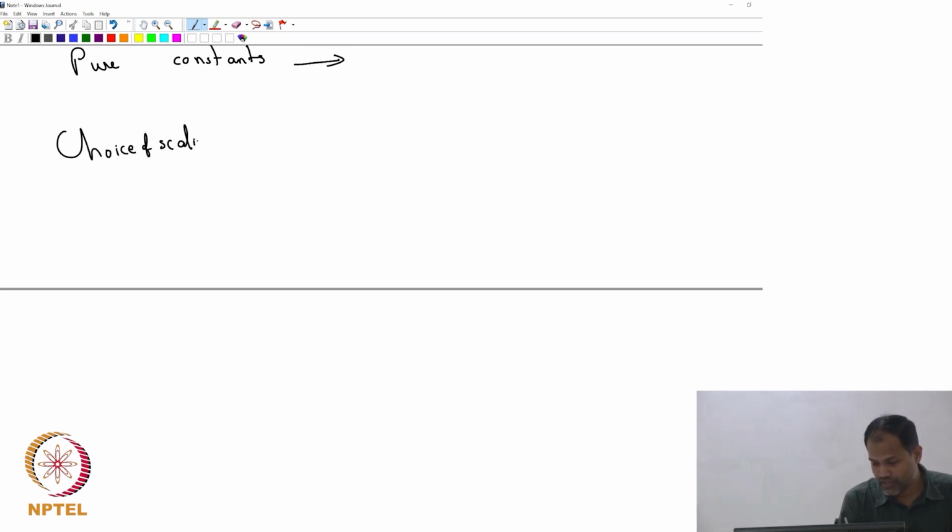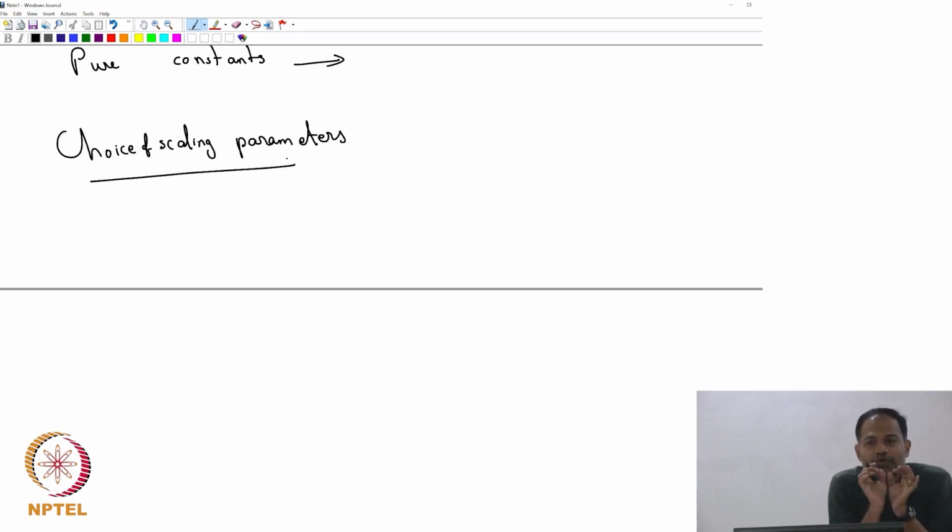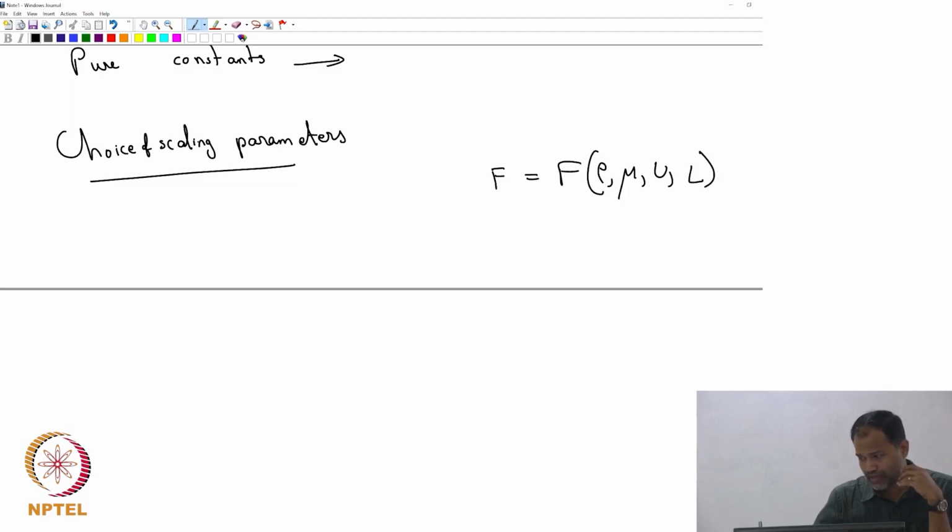Choice of scaling parameters. So see, we are going to have few variables in this problem of which when we talked about flow past some object, we said it's basically a function of rho mu u l. We need to identify some parameters to non-dimensionalize it, okay.